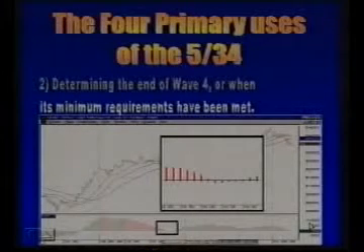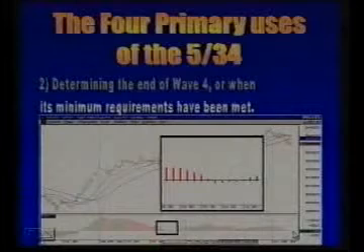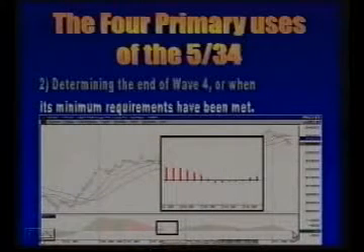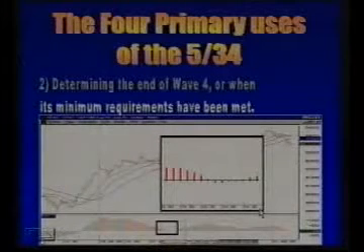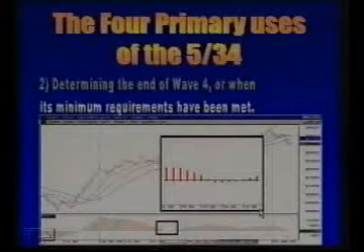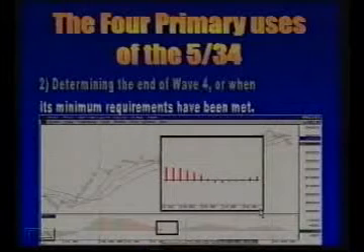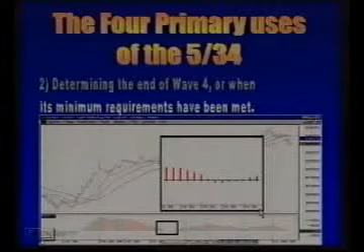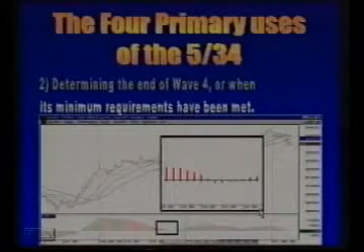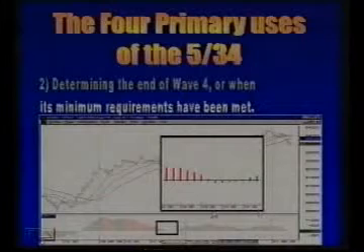Look at this scale down here. Here's 1,000. We're talking about less than 5/100ths of 1 point. So for all practical trading purposes, this indicator is basically infallible because we've only found 2 errors in literally tens of thousands of charts. So the second primary use of the 534 is to tell us when the minimum requirements for wave 4 have been met.